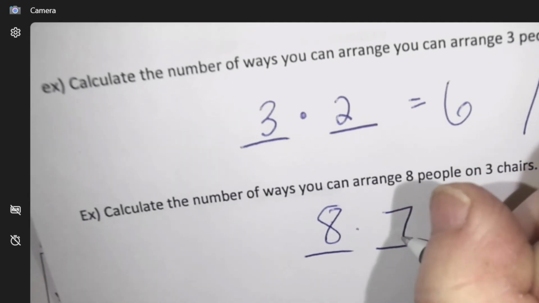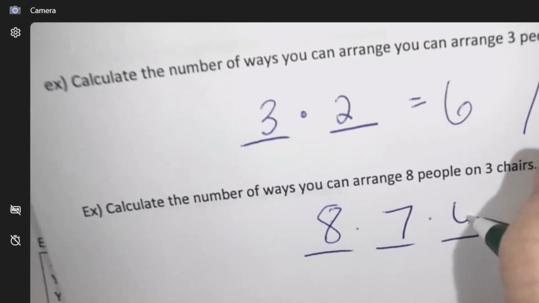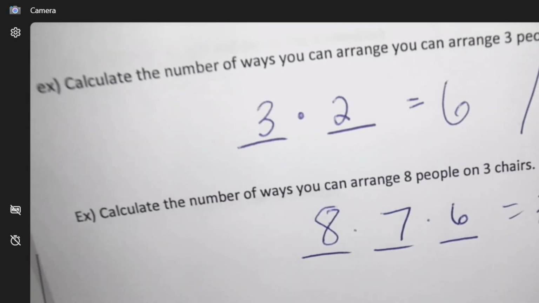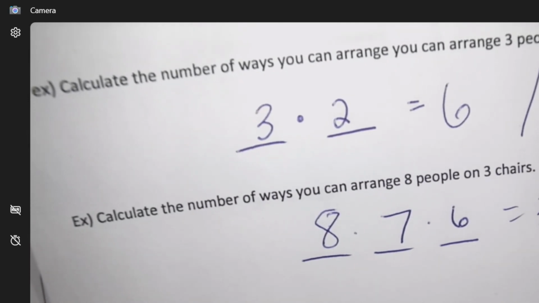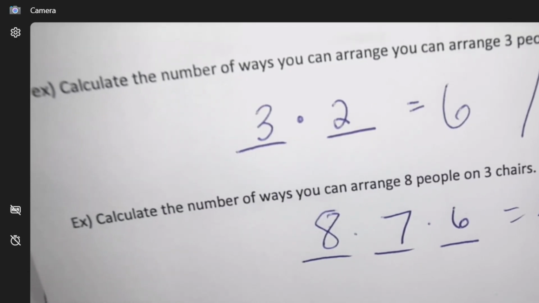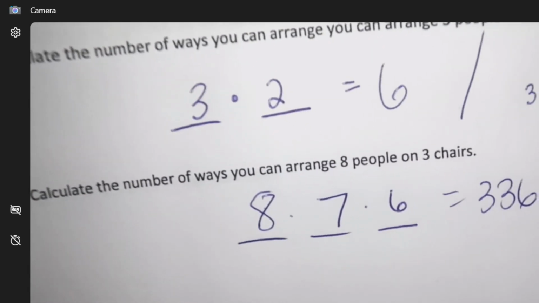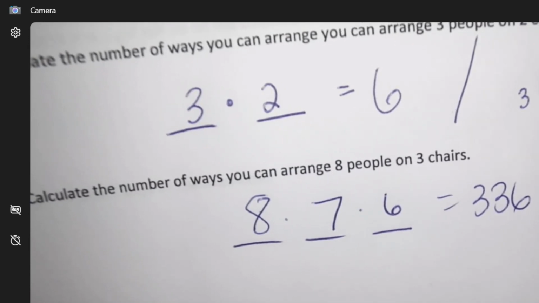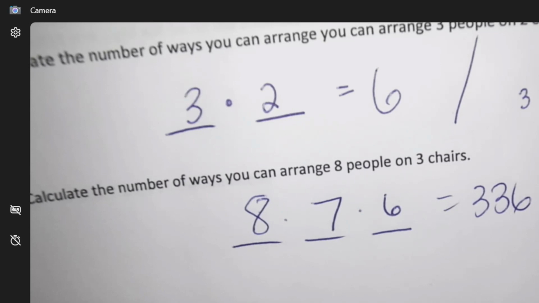Then I would only have 7 options on that spot and 6 on that spot. Okay, and then this is also the same thing, 8P3, because you're moving around 3 different positions.